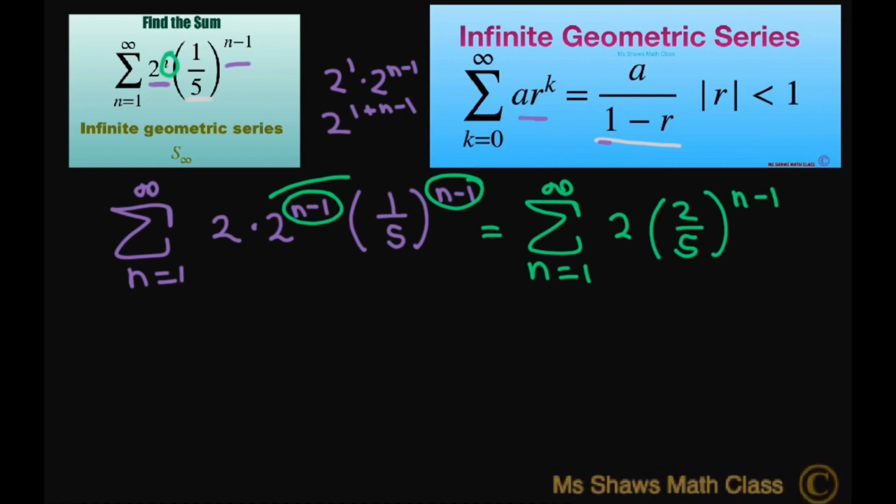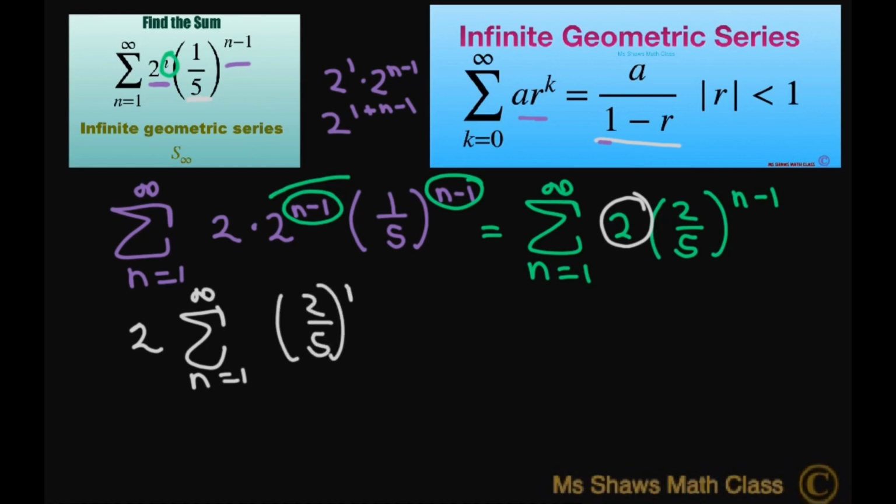All right, and then I can bring out this 2 and put it in front and write this as 2 times the sum from n equals 1 to infinity of 2 divided by 5 to the power of n minus 1. Now, looking at this, since we're starting at 1, and I know here we're starting at 0, so if you add 1 here, so if this is k equals 1, you add 1 here, you have to subtract it here. So that they're equivalent if we're starting at 1.